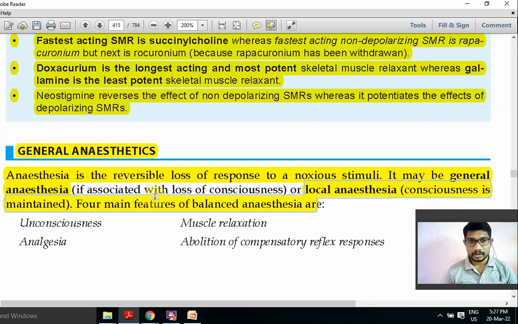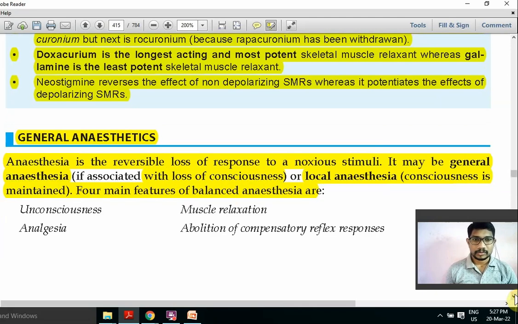In case of local anesthesia, consciousness is retained. Okay. Now unconsciousness means muscle relaxation. Conscious loss हो जाएगा, you will become unconscious. So there will be muscle relaxation. So: unconsciousness, muscle relaxation, analgesia, abolition of compensatory reflex.